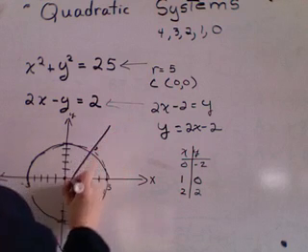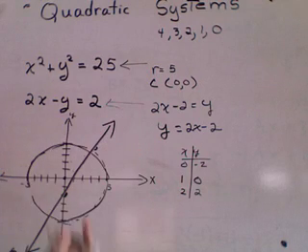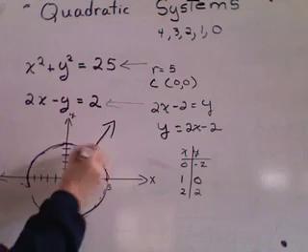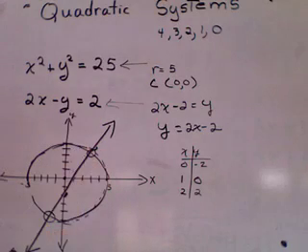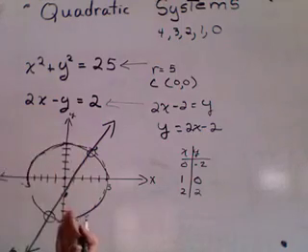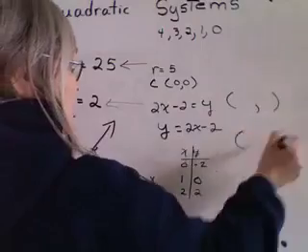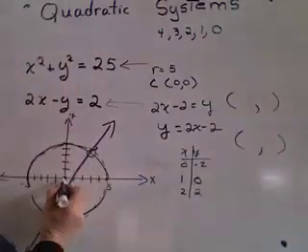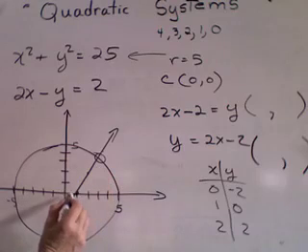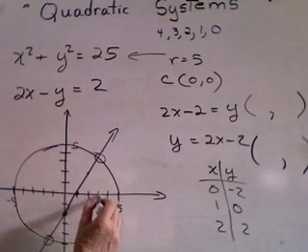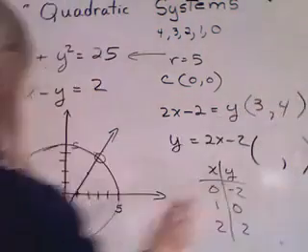All right, so now if I sketch this line in there, you can see that this system has 2 solutions: the ordered pairs where we cross. Now, because I'm doing this by graphing, I really am going to estimate the 2 answers. This one is about over 3, up 4.